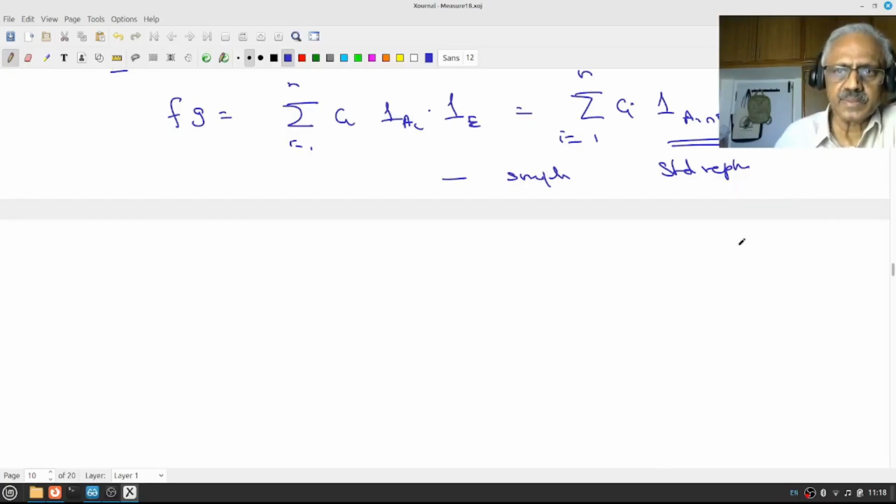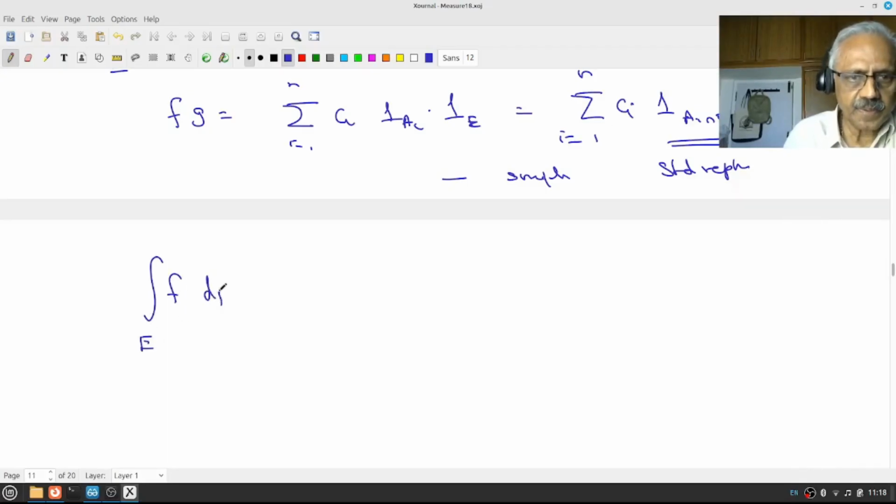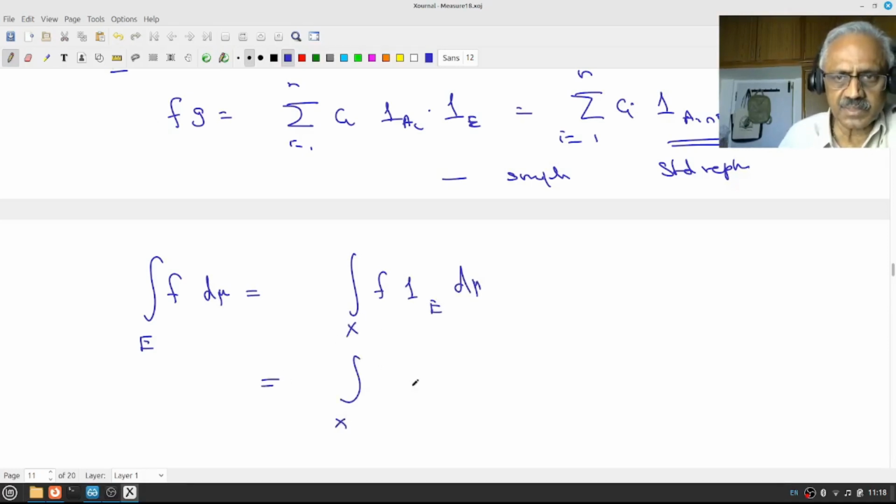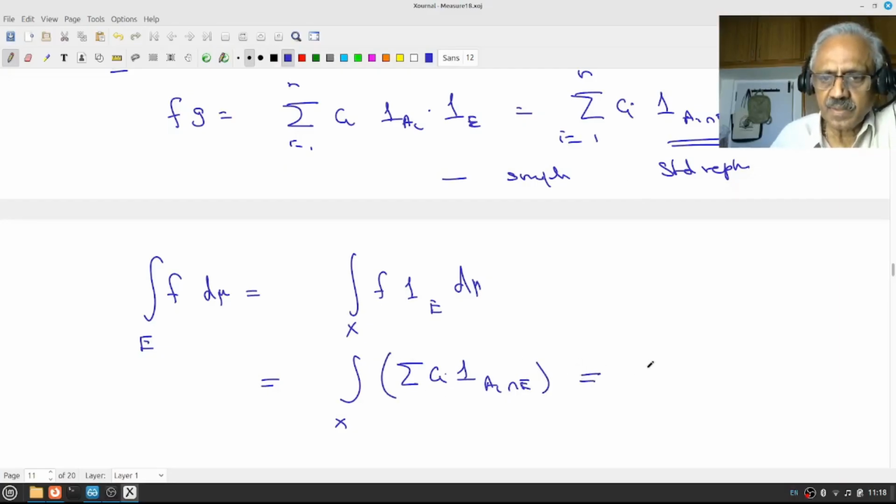Okay, right. So therefore, what is the integral of f over E? This by definition is the integral of f times the indicator function of E over X. But this we already know: this is nothing other than the sum of c_i times the indicator function of A_i intersection E. This is a simple function, therefore its integral is the sum of c_i times μ(A_i intersection E), i equal to 1 to n.